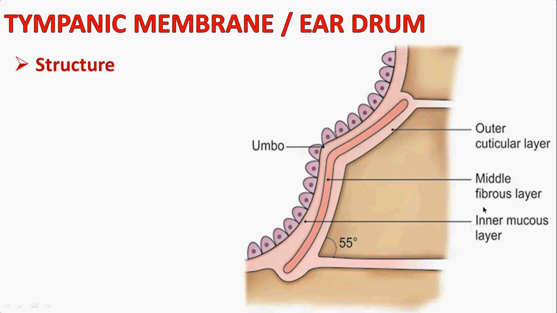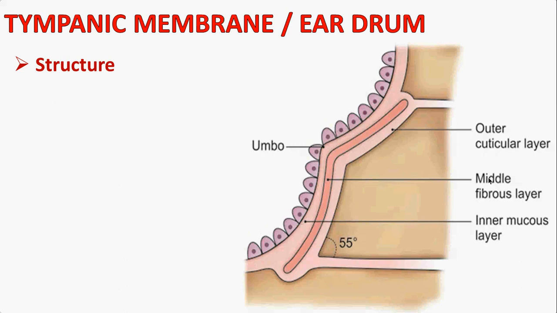The outer cuticular layer is of skin. The middle fibrous layer is made up of superficial radiating fibers that we have seen, and deep circular fibers.